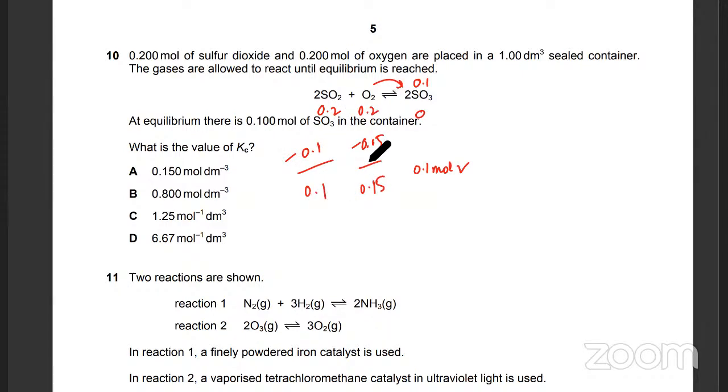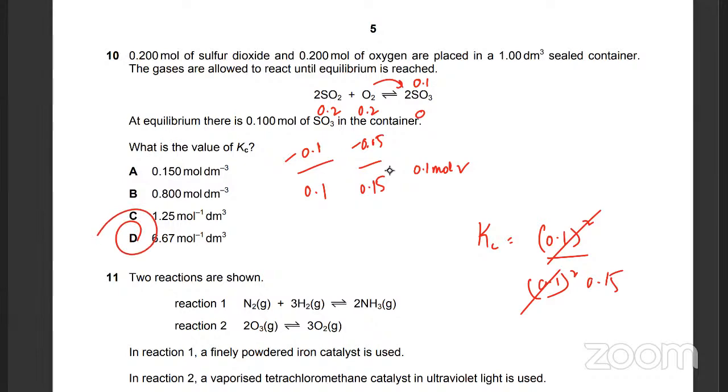Out of 0.2, 0.05 of O2 is gone, so you're left with 0.15. Now you have to find Kc, and Kc would be product concentration, SO3 squared, divided by the reactants: 0.1 squared and 0.15. So what do you get for this? Yes, we are getting D.